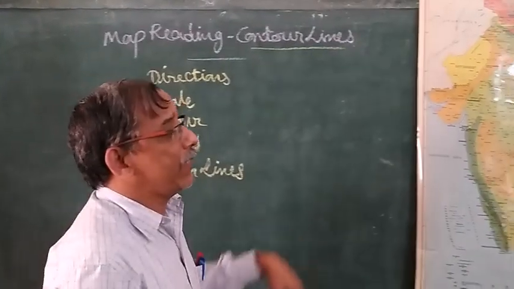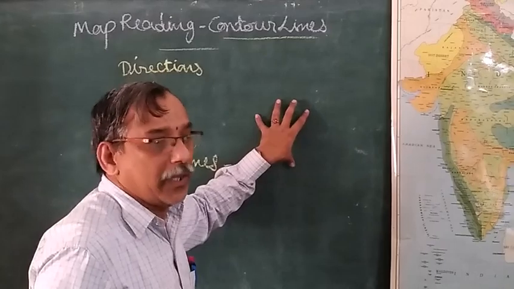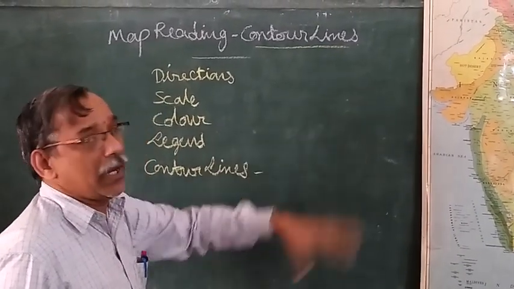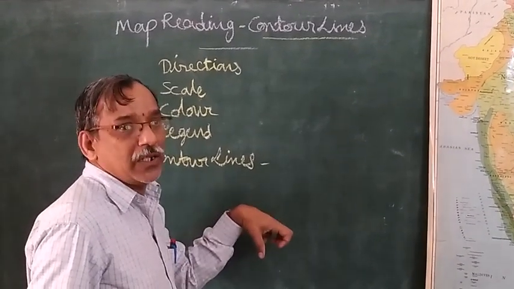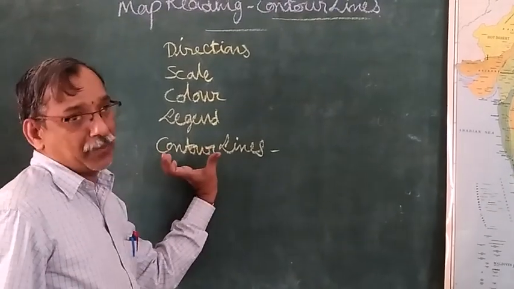Generally, contour line maps we do not get. Only in some of the atlas books are they present. Not all atlas books publish these contour line maps.